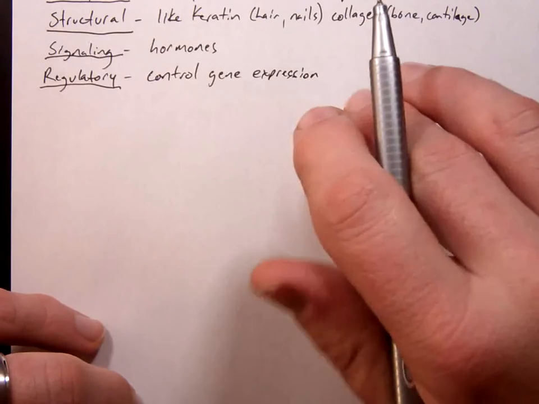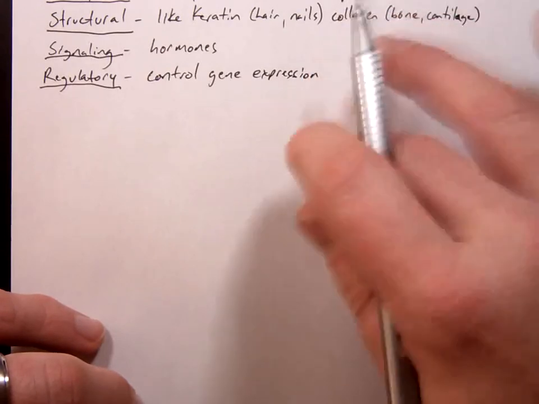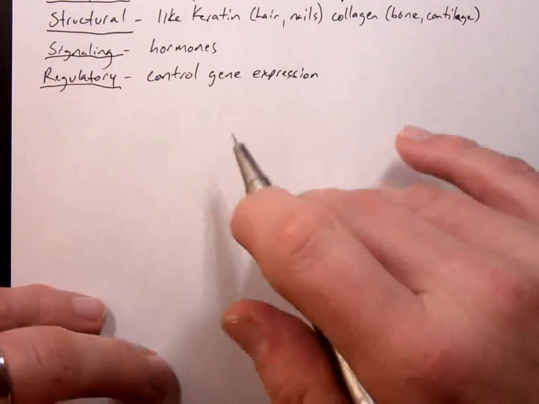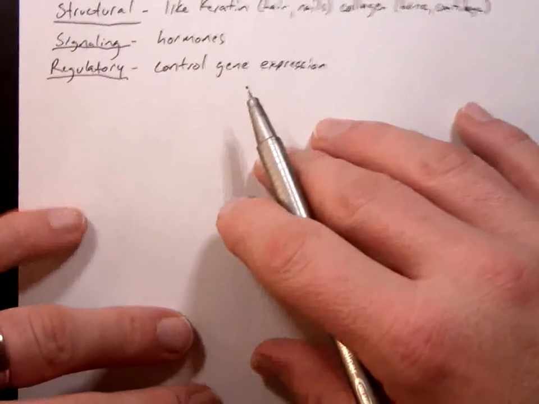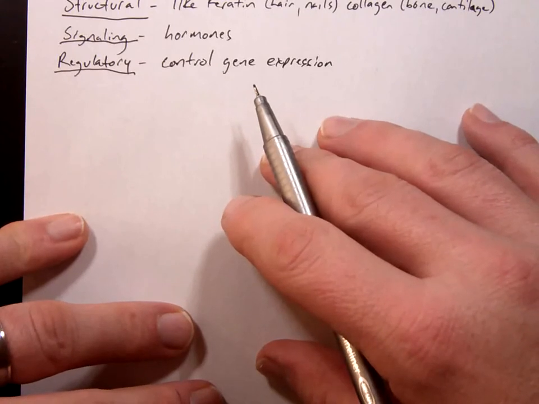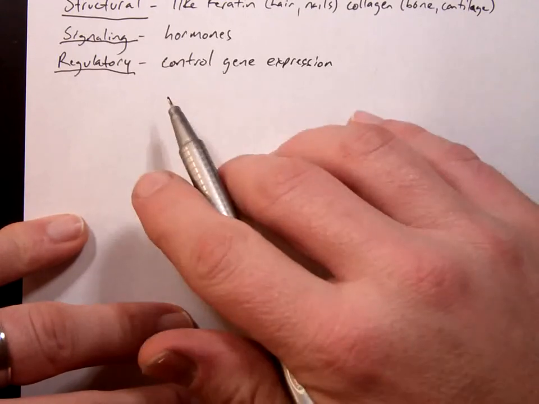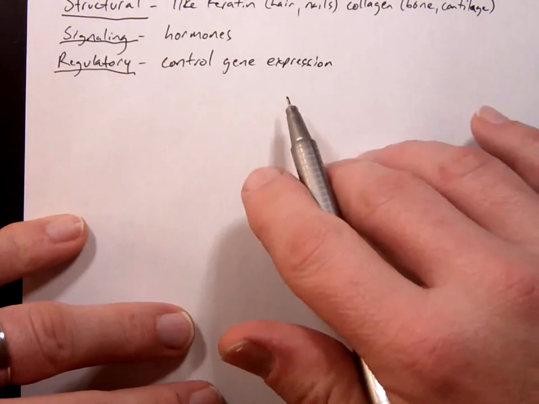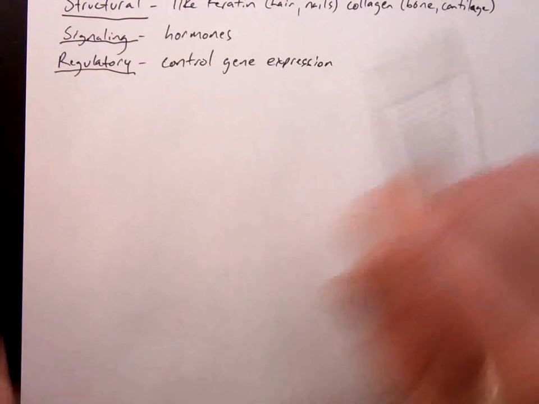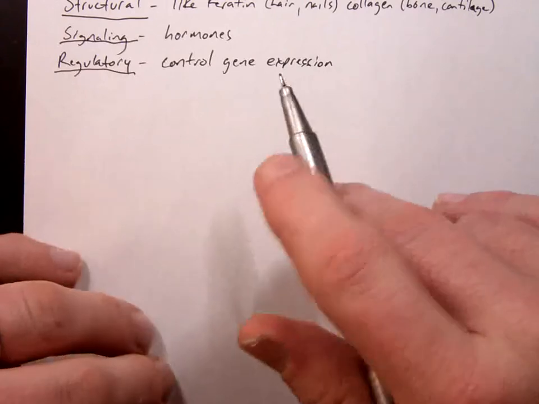So in some cells these genes are all switched off, and in other cells these genes are switched on. And that really is what largely controls what that cell does for a living, whether it's a nerve cell or it's a muscle cell or whatever it is. And ultimately it's regulatory proteins that will help determine that turning on or switching off, those types of things.